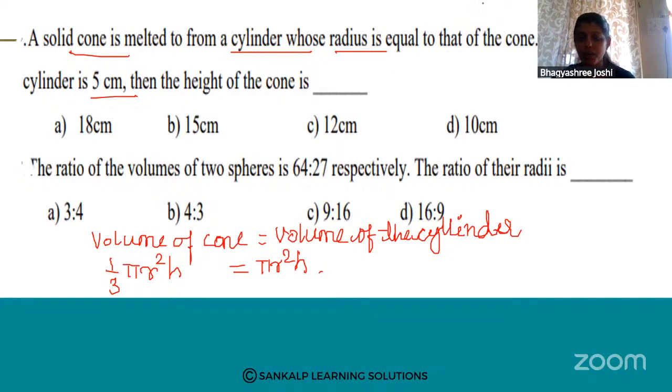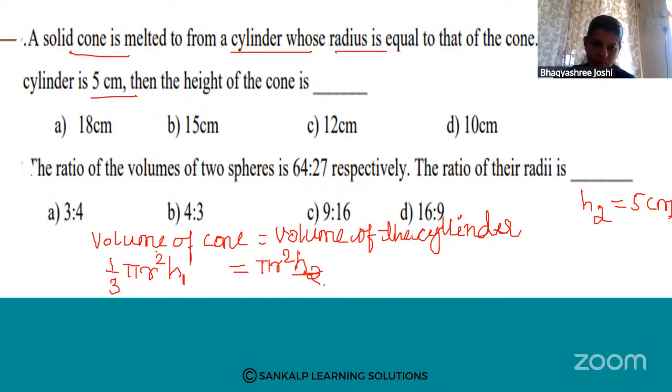And what about the height? If the height of the cylinder is 5 centimeter, height of the cylinder they have given, that is 5 centimeter, and height of the cone they have asked. Call this H1 and this H2. That means H2, the height of the cylinder, they have given, that is 5 centimeter, and we need to find the height of the cone.